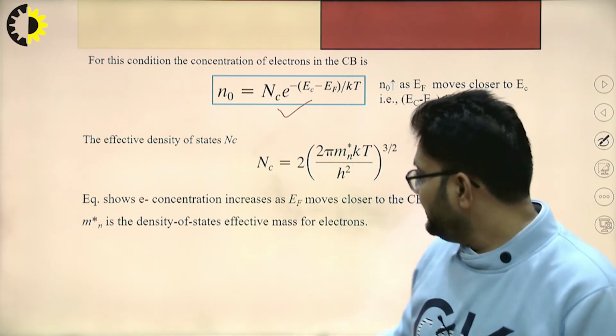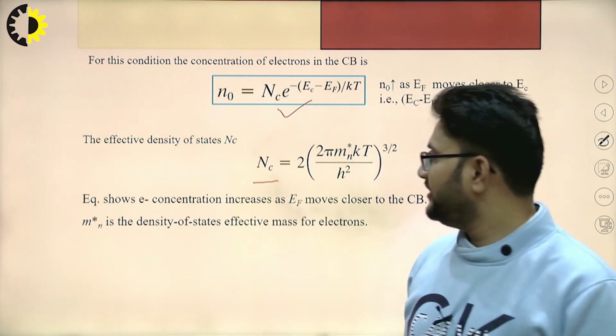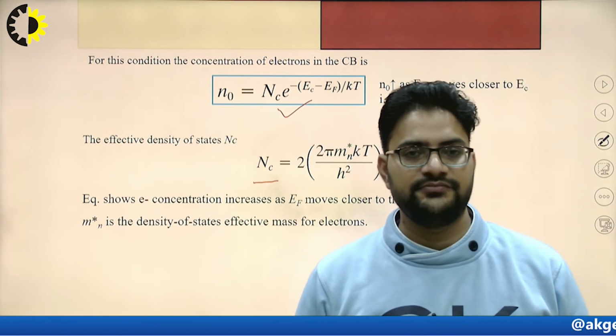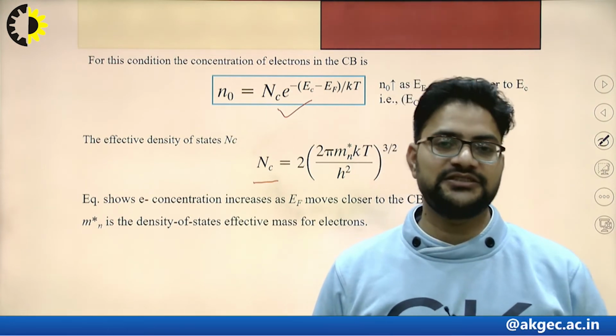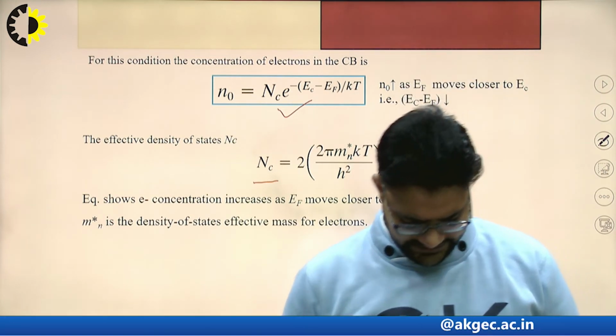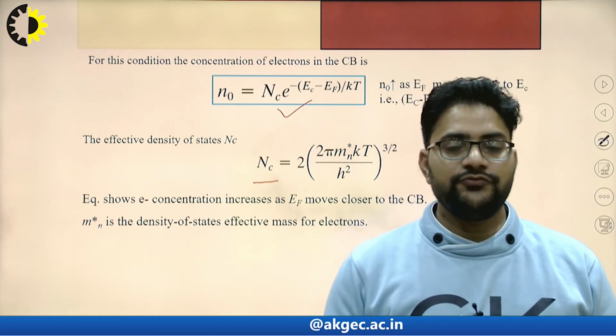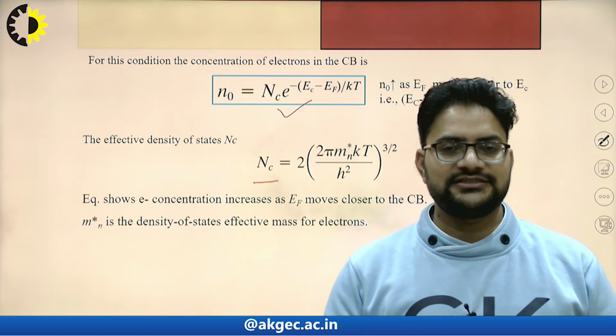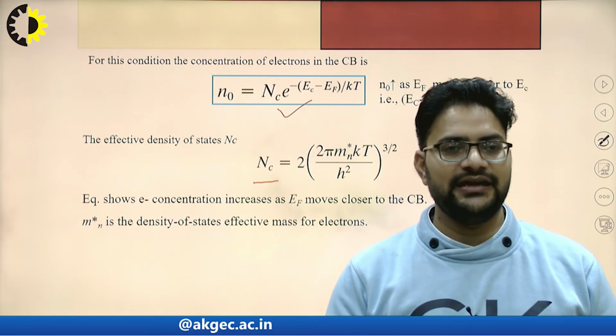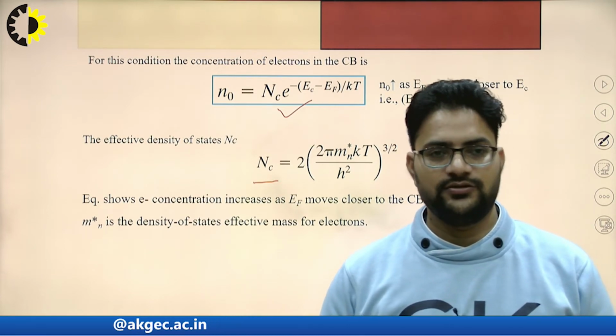So this is the conclusion from this previous discussion, that is, from this mathematical equation we can draw this conclusion, right? And this Nc value, that is the effective density of states, is mathematically represented as Nc equal to 2 times (2 pi kT Mn asterisk divided by h square) whole raised to power 3 by 2.